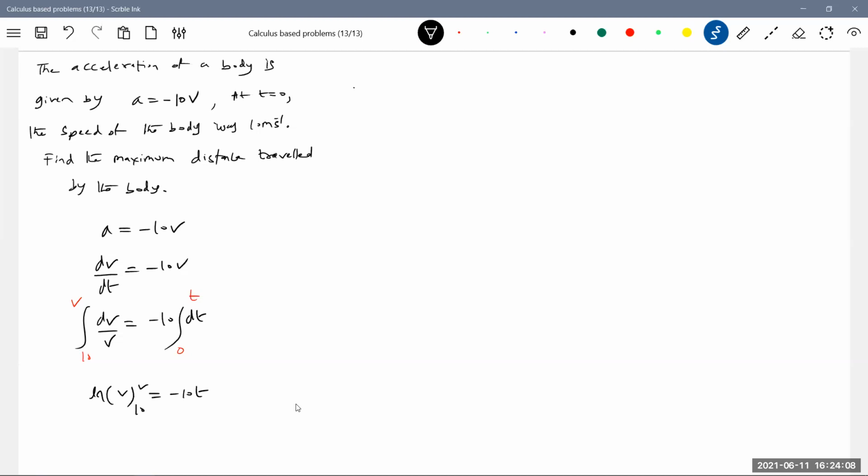Substituting upper and lower limits, log v minus log 10 is equal to minus 10t. Log of v by 10 equal to minus 10t. Sending log to the other side, v by 10 is equal to e to power of minus 10t. So v is equal to 10 e to power of minus 10t.